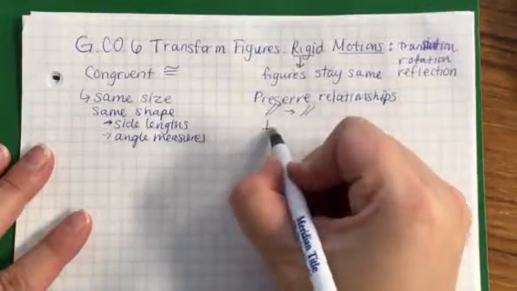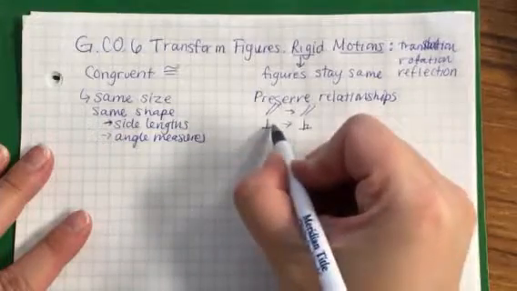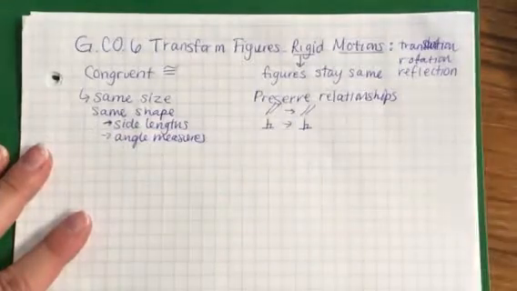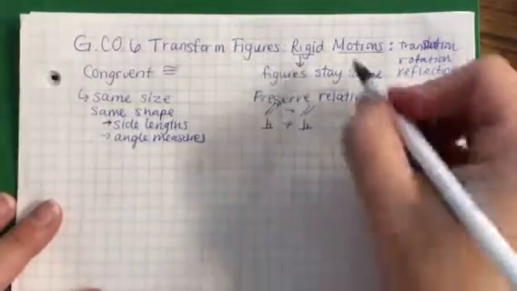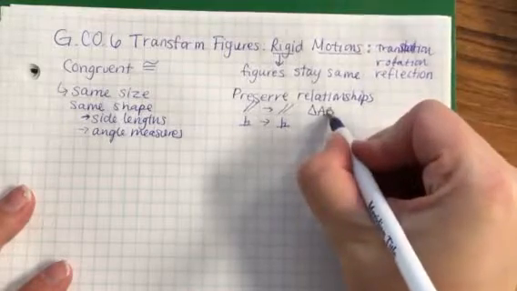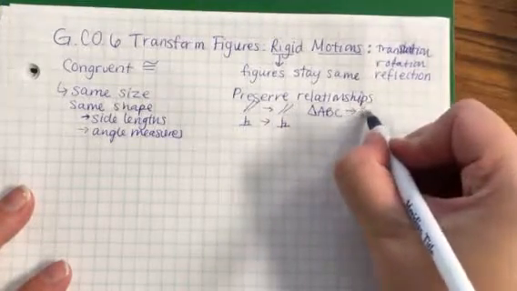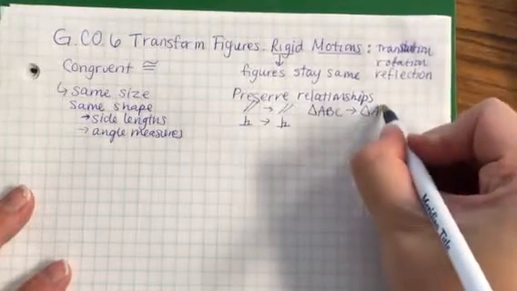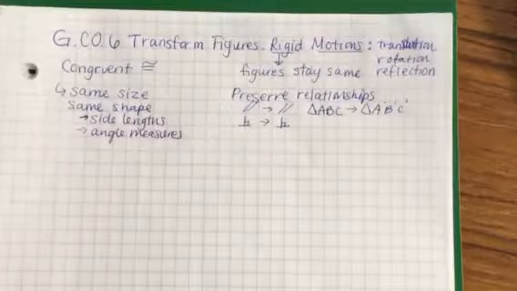If it was perpendicular, it stays perpendicular. And if one of the triangles went from triangle ABC, it would stay a triangle, but it would be A prime, B prime, C prime.